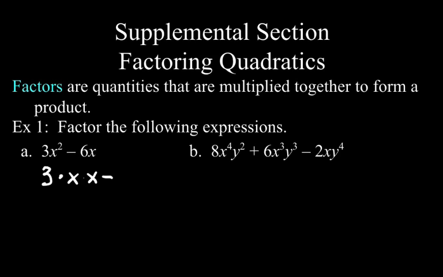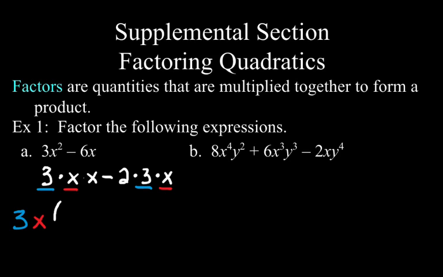Minus, and then for the 6x, if you break down the 6, it's 2 times 3 times x. So the whole concept here, when we factor out a greatest common factor, is we want to find what these two terms have in common. Notice they both have a 3 in them, and they both have at least one x in them, so we are able to factor out a 3 and an x from both of those terms.